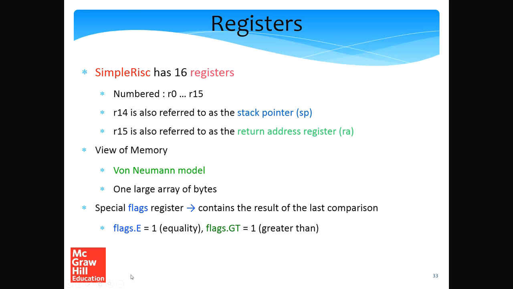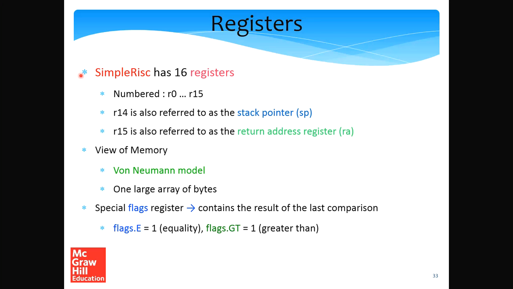Let us now discuss the basics of the SimpleRISC instruction set. Let SimpleRISC have 16 registers, and as is the convention, let us number the registers from R0 till R15. The 14th and the 15th registers, R14 and R15, I will refer to with special names. Let us refer to R14 as the stack pointer or SP.